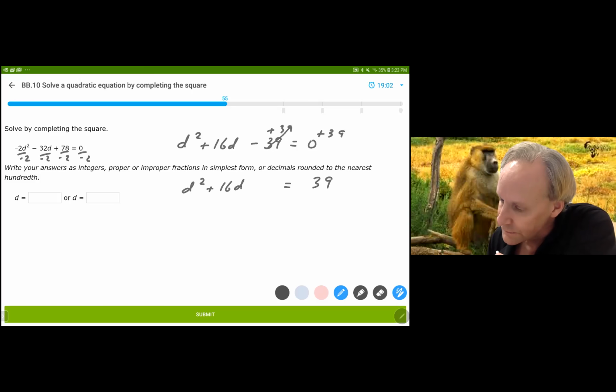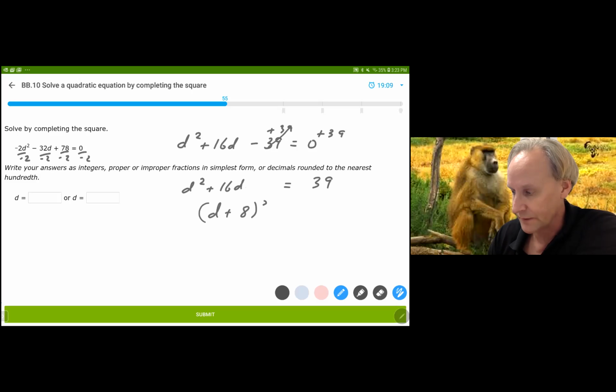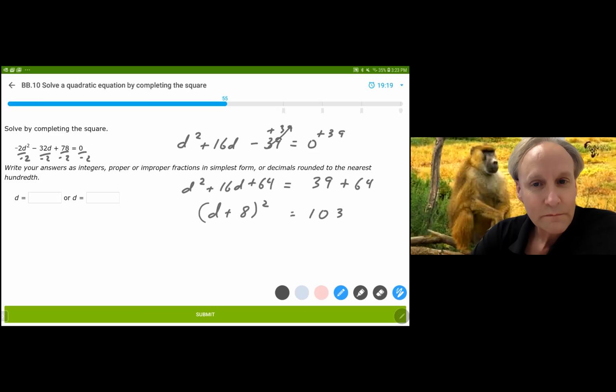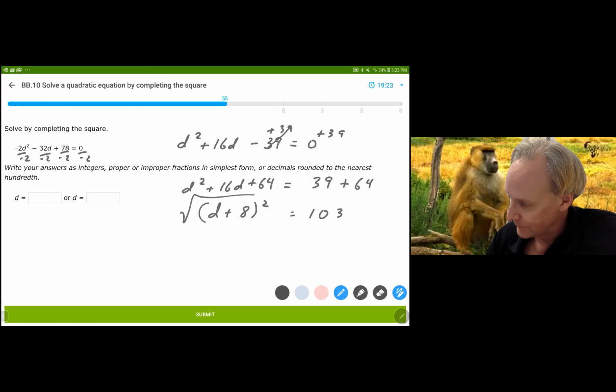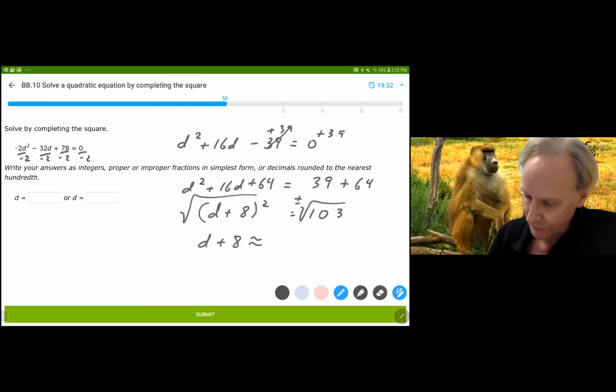And just double checking my work. I want to get d plus 8 squared, so I'm going to have to add the 64 to both sides, which is going to give me the 103, isn't it? And we're going to take the square root and put the plus or minus on it. And it looks like we're going to get d plus 8 is approximately equal to 10.15.